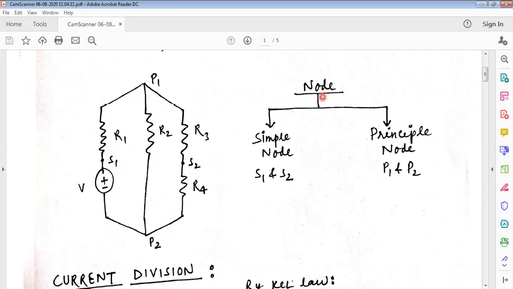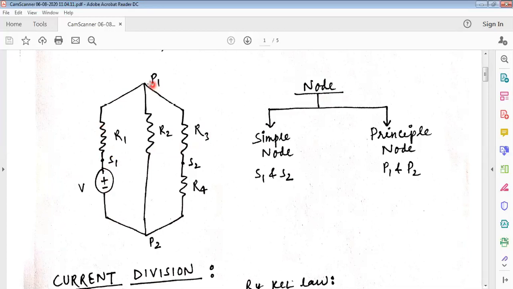A node is what? Whenever two or more elements meet at a point, that point is called a node. When two electrical elements are connected together, the common point is called a simple node. Here, when only two electrical elements, one resistor and one voltage source, are connected, this point is a simple node. When more than two elements are connected together, the common point is called a principal node.